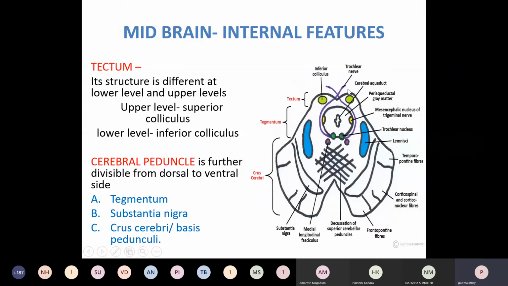It contains the superior colliculus and inferior colliculus. Since this section is at the inferior colliculus, you can see the inferior colliculus. If it is a superior colliculus section, the nucleus of the superior colliculus is seen. So from dorsal to ventral side, the parts of the midbrain are the tectum, the tegmentum, substantia nigra, and crus cerebri.